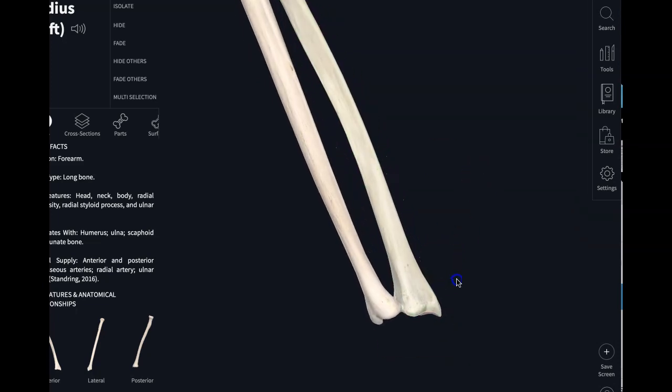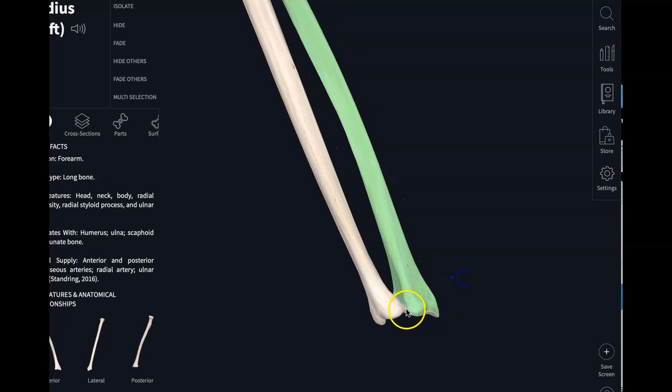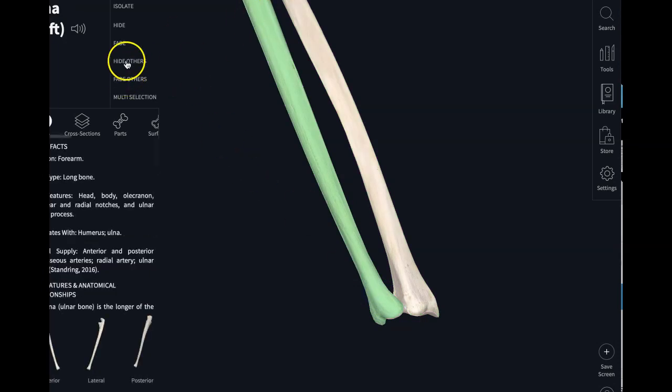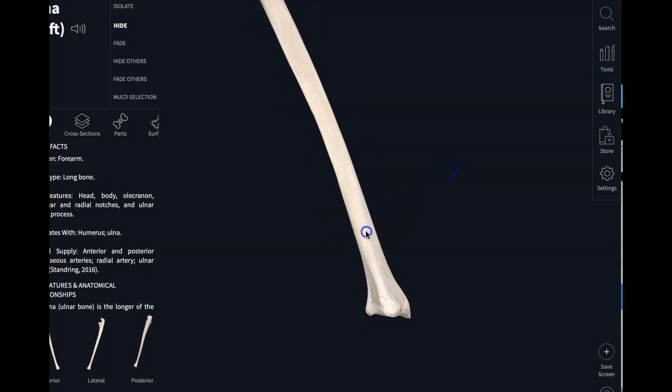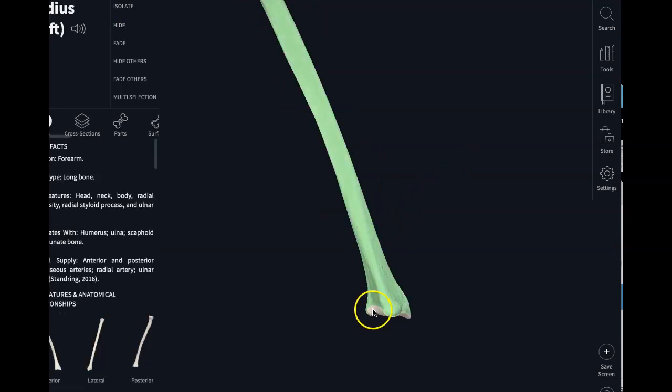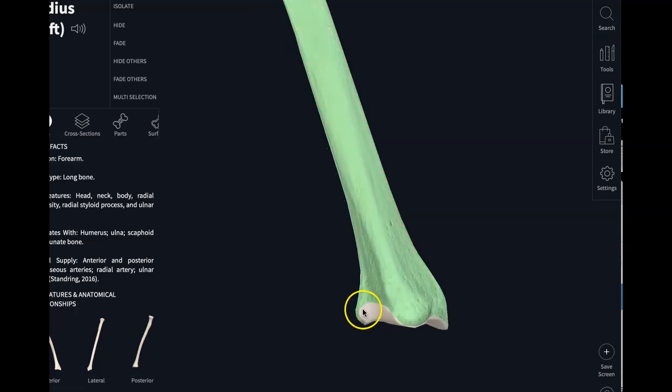We talked about the ulnar notch, which is right down here, let me actually get rid of the ulna so you can see it better. So here is the ulnar notch down here. The ulnar notch has articular cartilage.